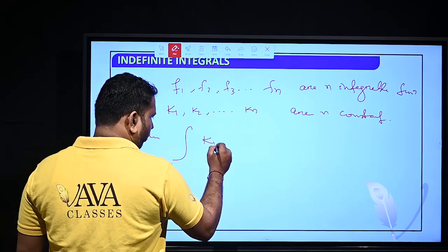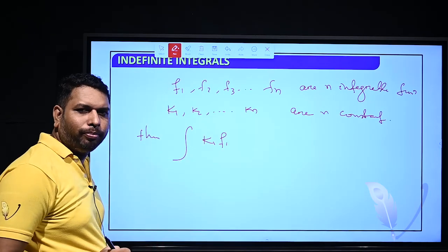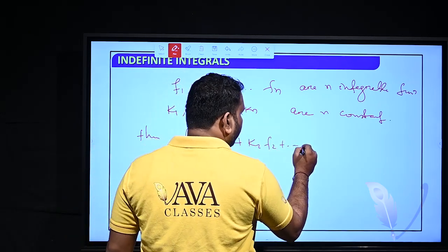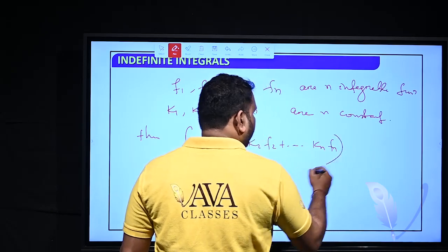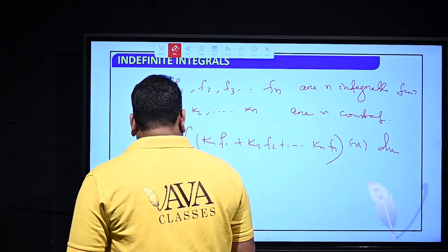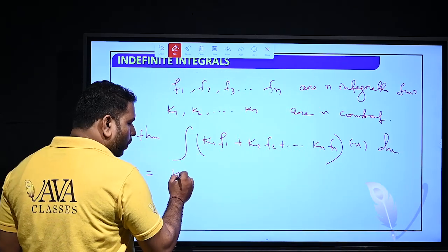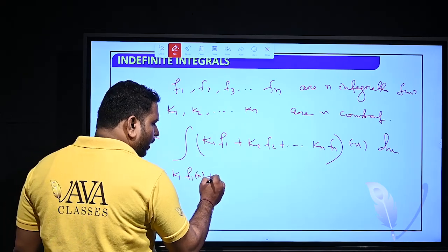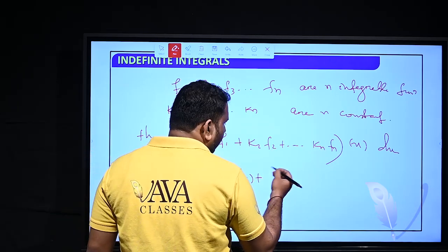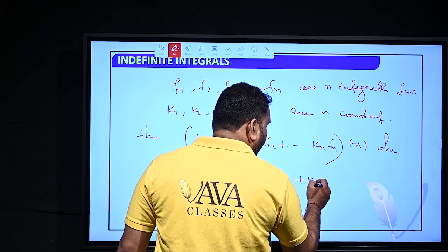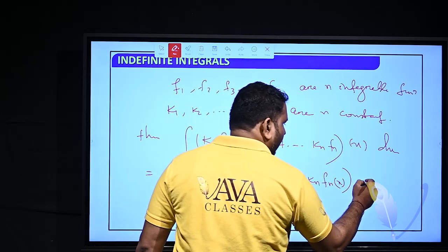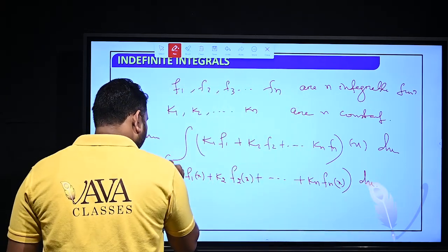integration of k1 f1 plus k2 f2 plus kn fn of x dx equals integration of k1 f1(x) plus k2 f2(x) plus k3 f3(x) up to kn fn(x) dx.